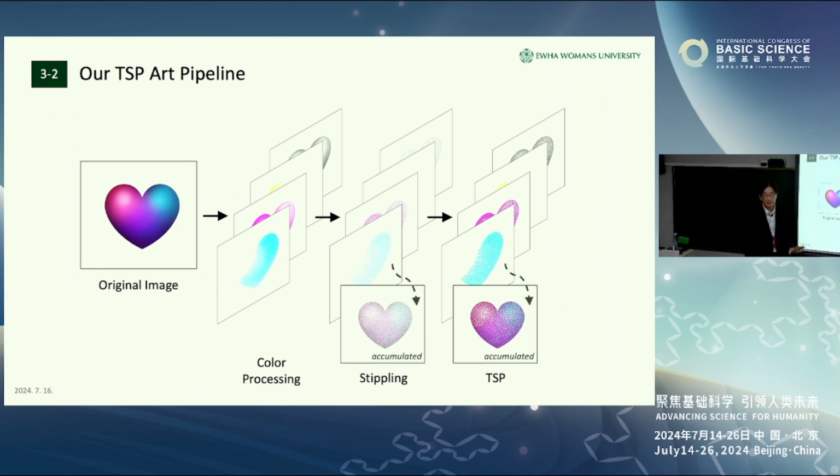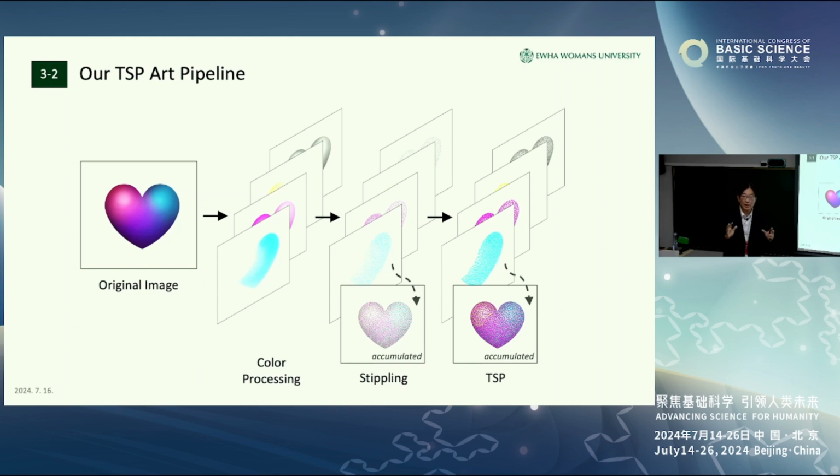So in our case, we basically follow the same approach, but given color images, because you have to use a robot to replicate these original images. You cannot ask a robot to choose arbitrarily many colors.